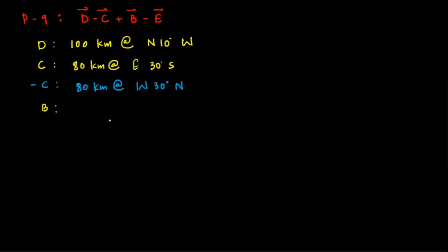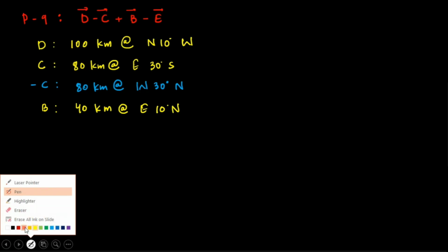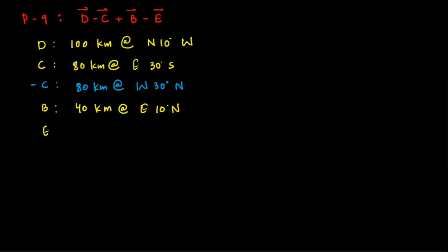Similarly, we have the B vector, which is 40 kilometers at north 10 degrees east, that is, 10 degrees north. Then we have the E vector, given as 10 kilometers at south 40 degrees west.